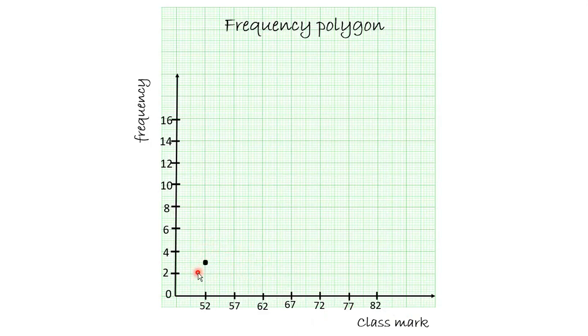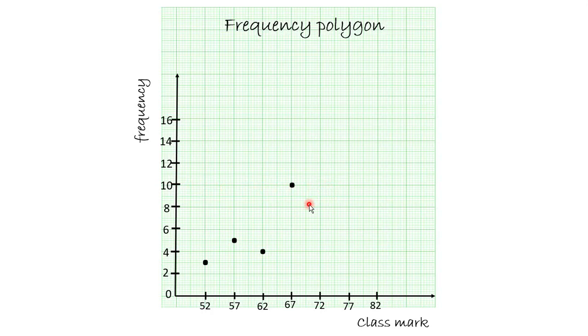Then we are going to plot 5 against 57 here. And then we're going to plot 4 against 62 here.